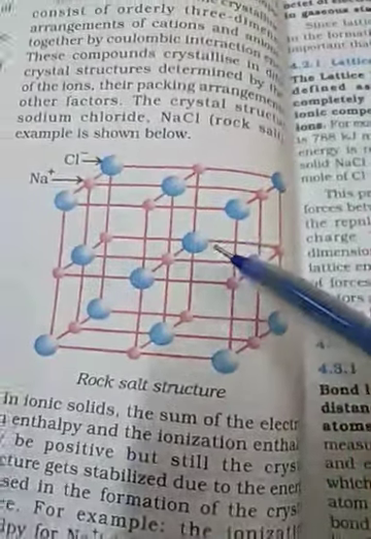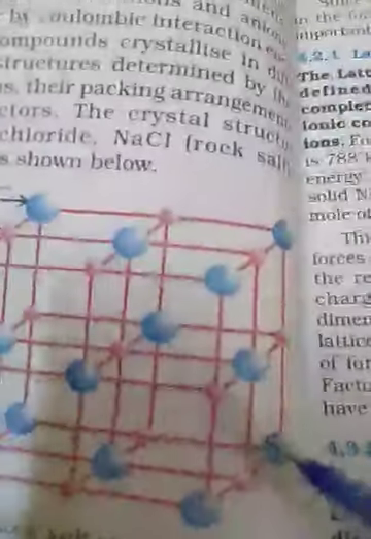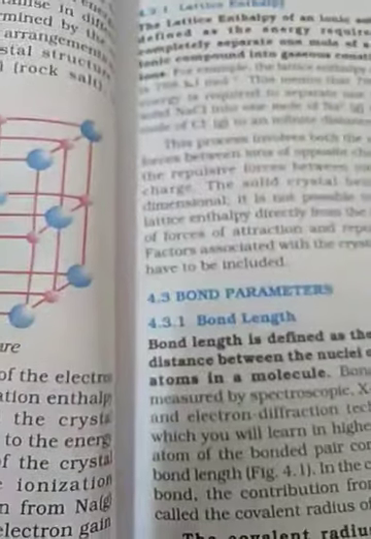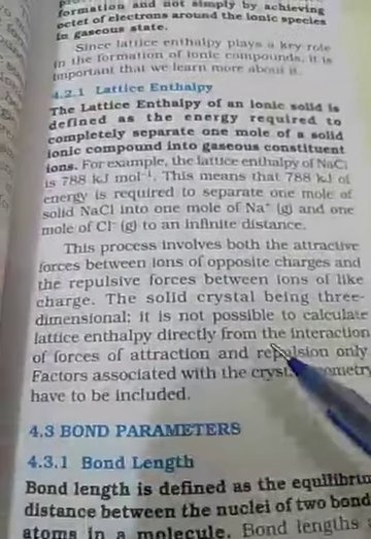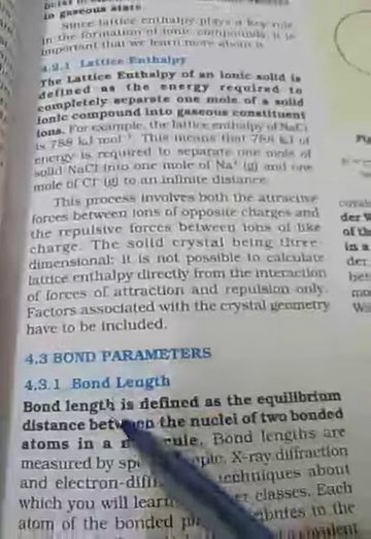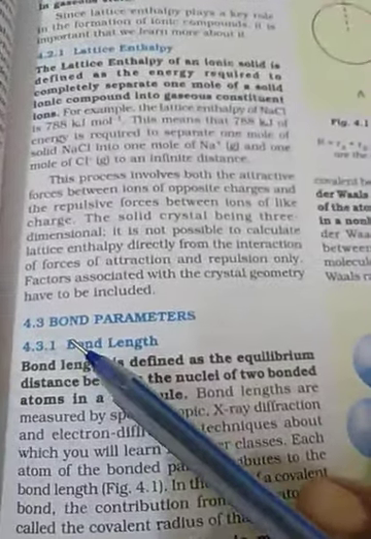We made this NaCl on the basis of this. But now what is the lattice enthalpy? We have to separate this crystal into separate ions. So it doesn't depend only on attractive and repulsive forces, but on other factors also. In the next topic, in the next lecture, I will show you what the other factors are.